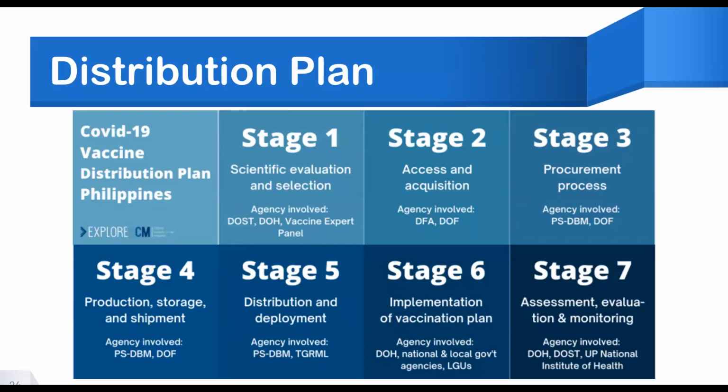So, yun yung kanilang program for they implement sa lahat ng mga LGUs and then to the barangays. Next, stage 7, ito na yung assessment and evaluation and monitoring. So, dito na siya ang agency involved is DOH pa rin, DOST, UP National Institute of the Philippines.